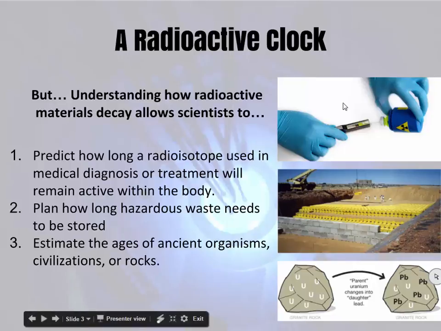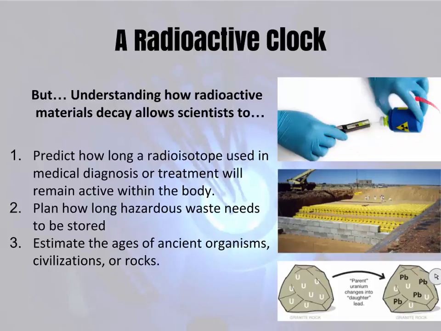Here you can see a sample on the far right, on the top, of some radioactive medicine that's going to be administered to a patient. So we can use radioactive dating and half-life to help determine how long that isotope is going to remain in the human body.